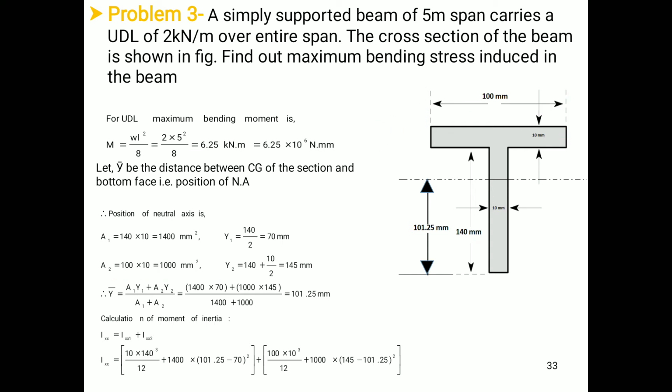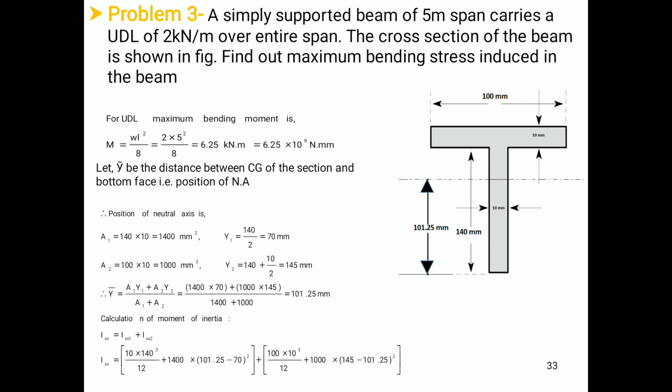The value of Y2 for section 2 will be this 140 mm plus the half of thickness of flange. Remember that for the section 2 we have the value of Y2 as this total depth, which is 140 mm, plus the half of the thickness of second flange. So it will become 140 plus 10 by 2, which is equal to 145 mm.